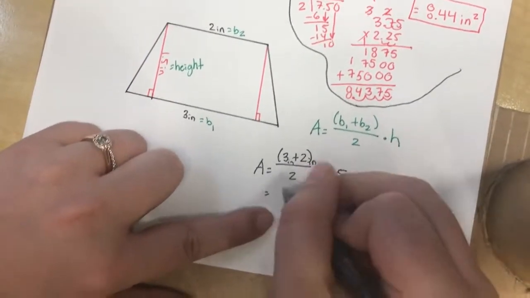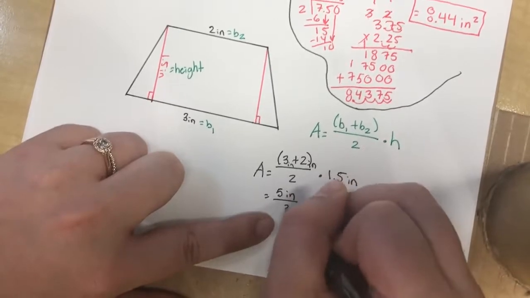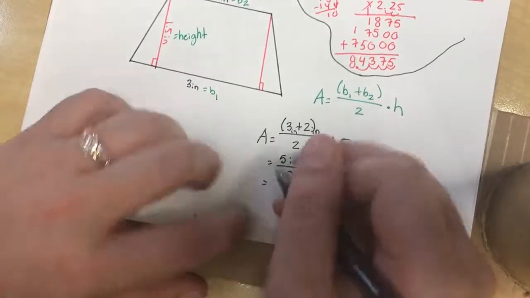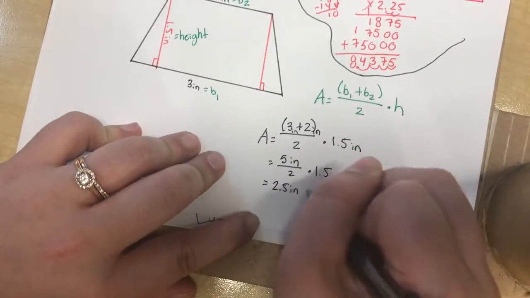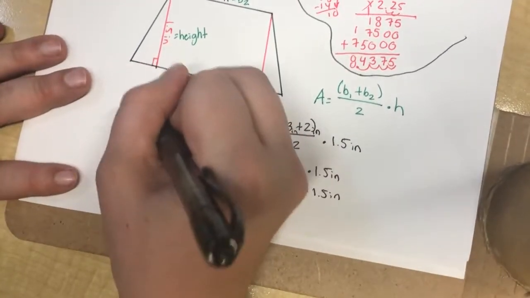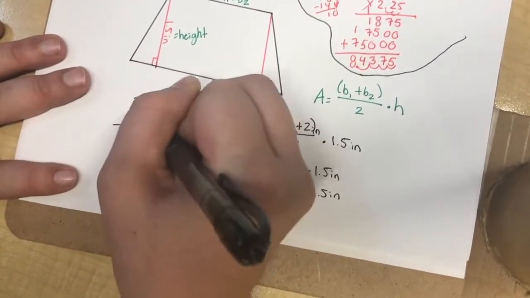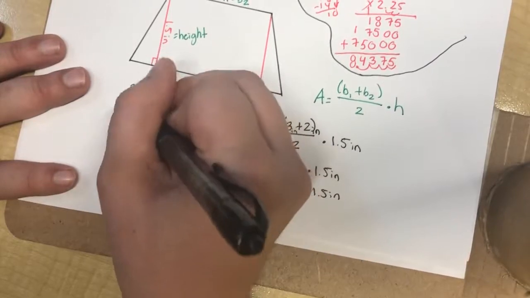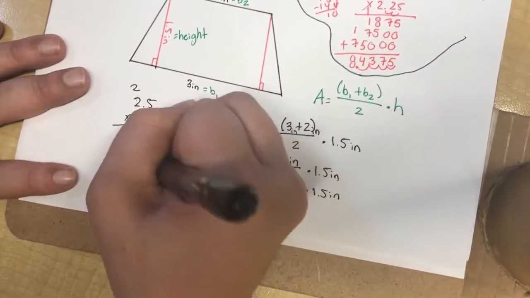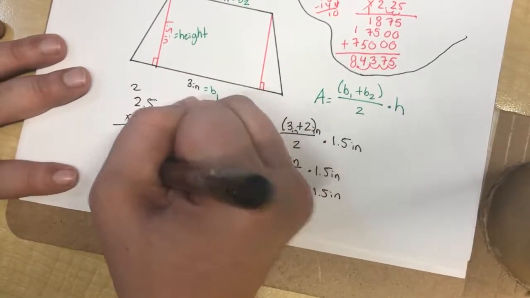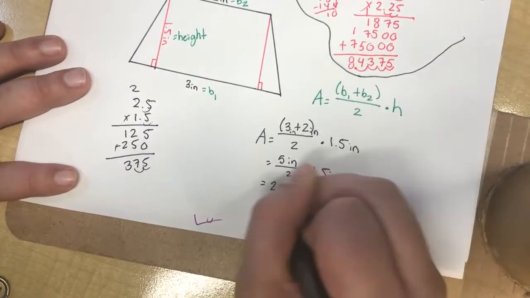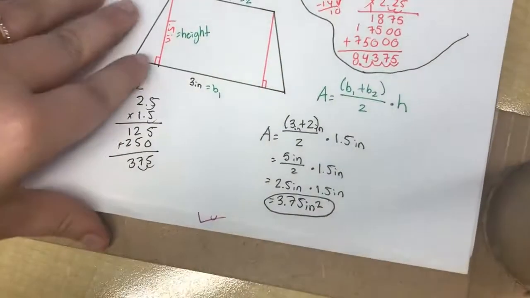Okay, 3 plus 2 is 5 inches over 2 times 1.5. 5 divided by 2 is 2.5 times 1.5 is 3.75 inches squared. That's it.